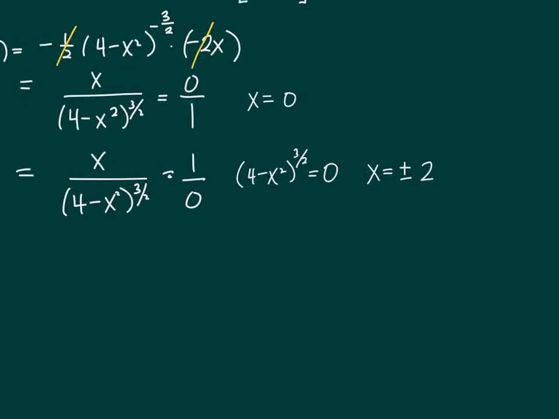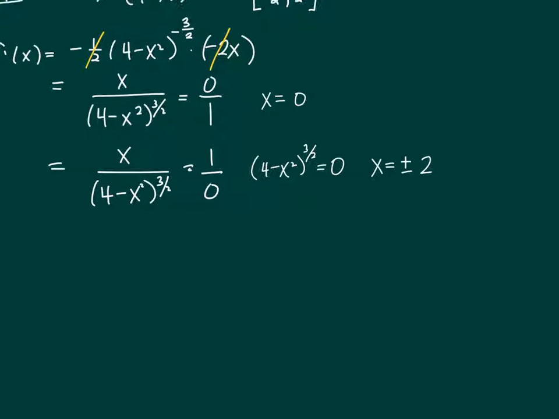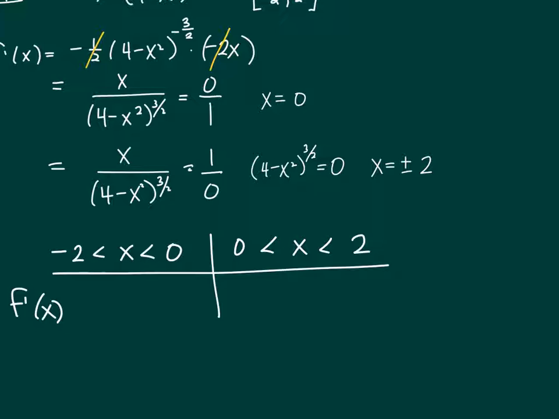So I've got my sets of critical points, so I'm going to set up from the interval between negative 2 and 0, and then 0 up until positive 2, and I will be checking first derivative values, and I'll also be checking y values.